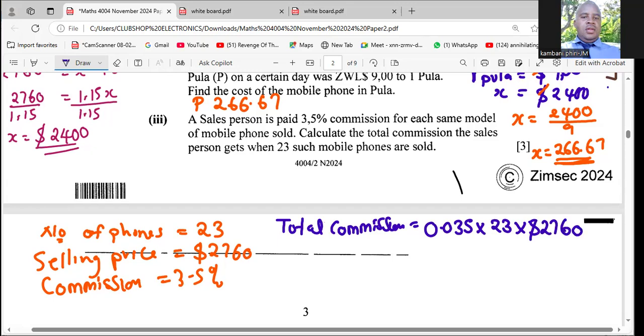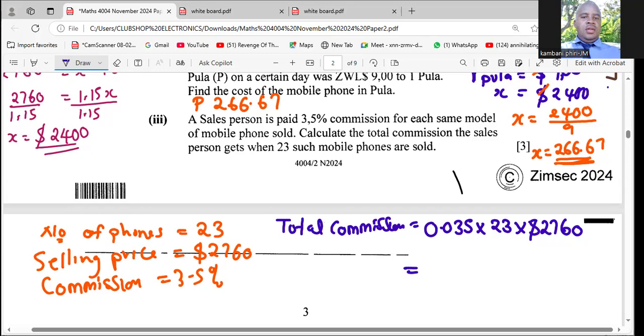So times 23 times 2,760. What do we get?